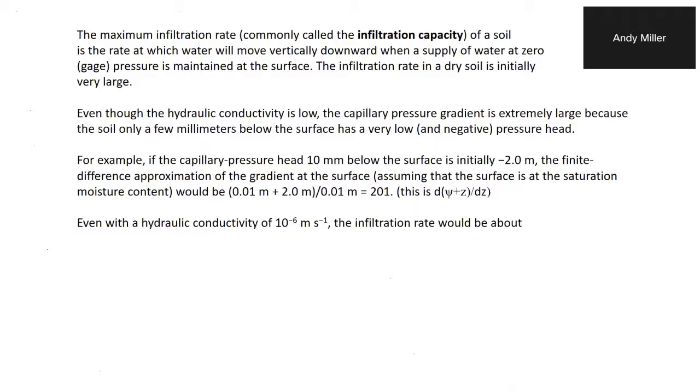So 10 to the minus 6 times 201 is what, in meters per second? 2.01 times 10 to the minus 6.